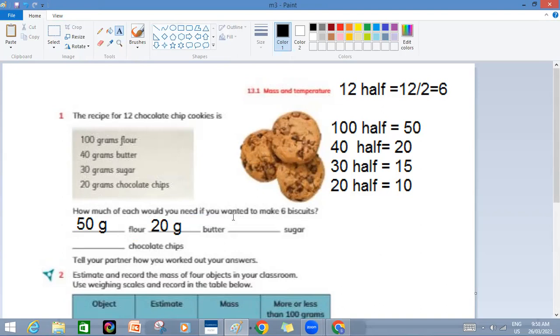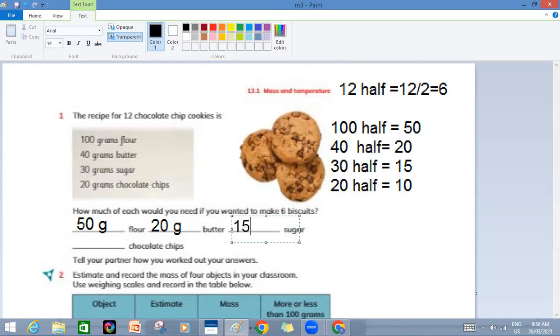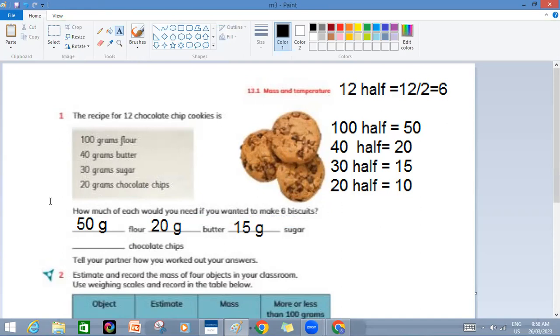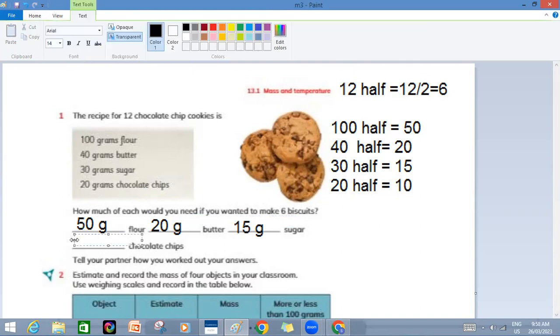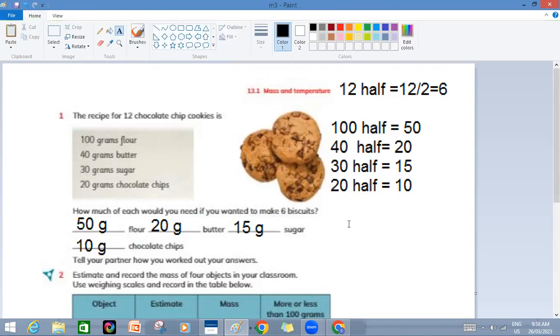And sugar we need 15 grams, and 10 grams of chocolate chips are needed to make 6 biscuits.